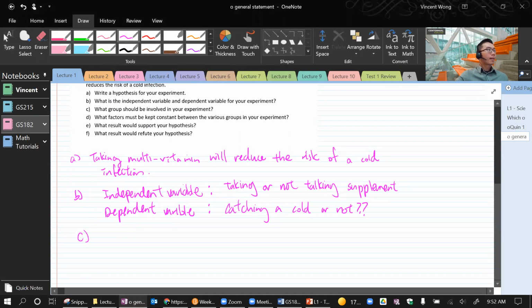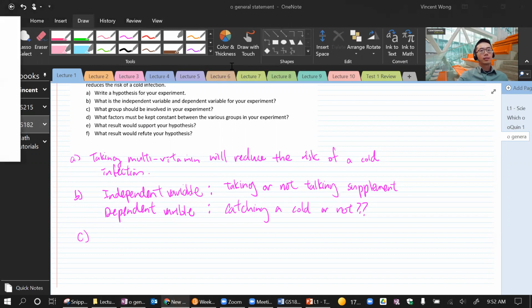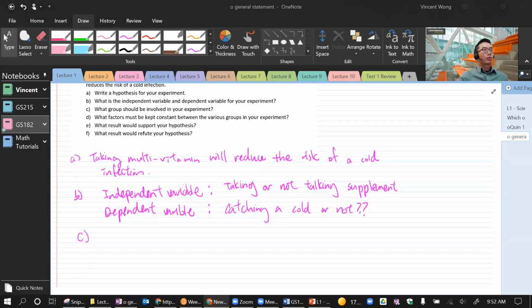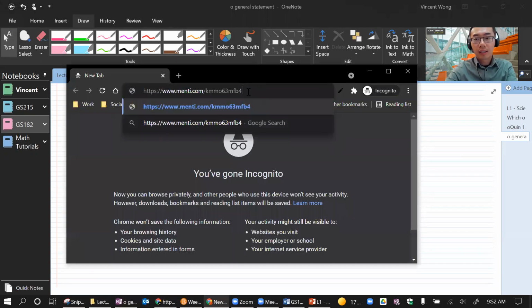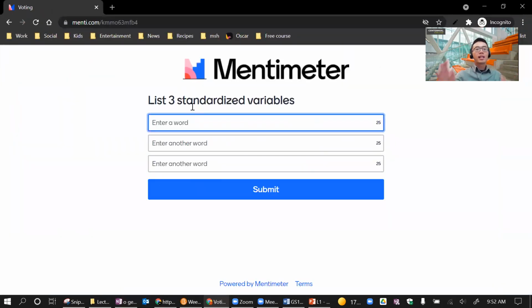What are we supposed to write? After you click on the link, let me show you what it looks like. There will be 3 boxes. List 3 standardized variables.